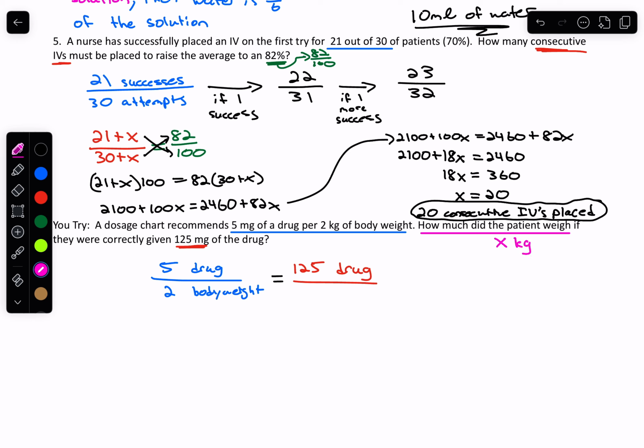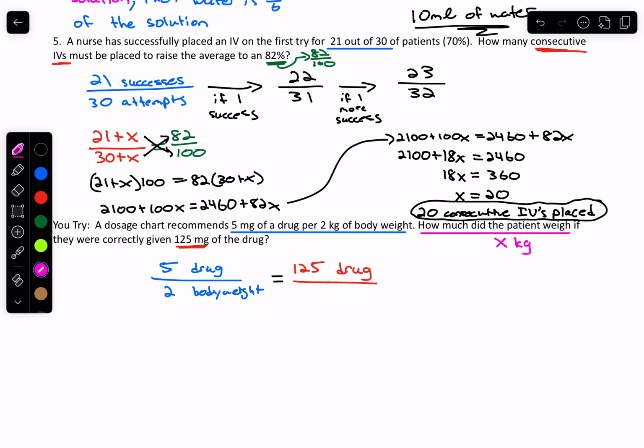So we're trying to find out how many kilograms the patient weighed. So our ratio is milligrams of drug on top, kilograms of body weight on bottom. So we have milligrams of the drug over kilograms of body weight equals milligrams of the drug over kilograms of body weight.